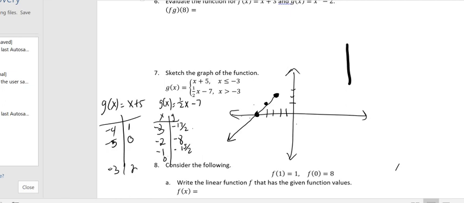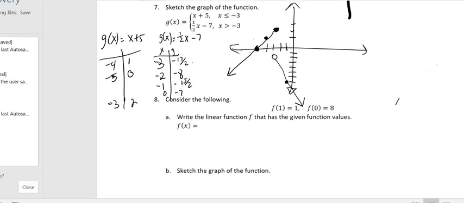And 0 was, okay. For negative 3, remember we said an open circle, right? So at negative 3, here is going to be an open circle. And then negative 2 gives me a negative 8, is right here. And then really I can just draw my line because it's a line. And you can plot the rest to this one.